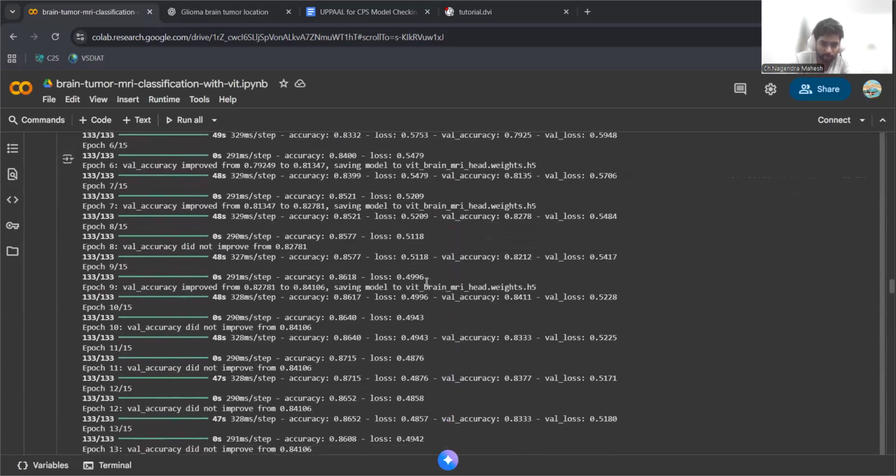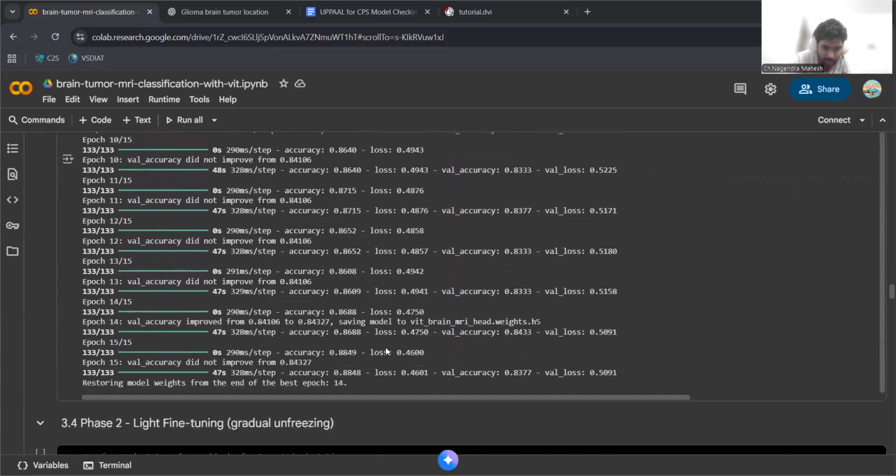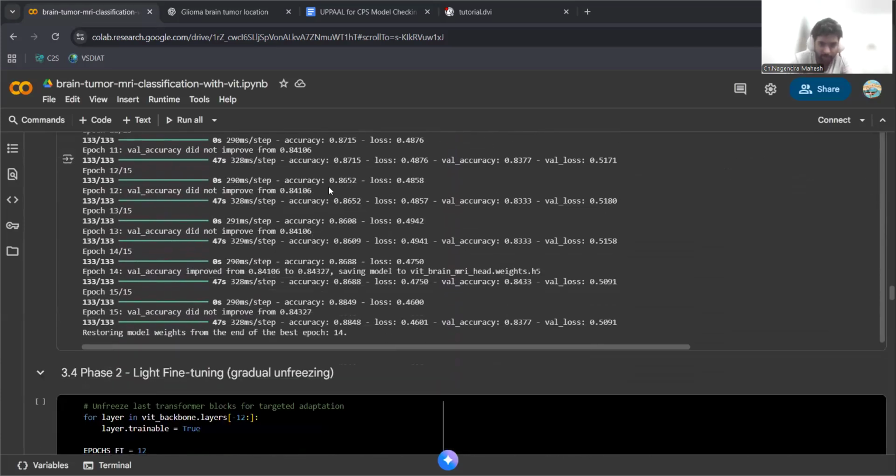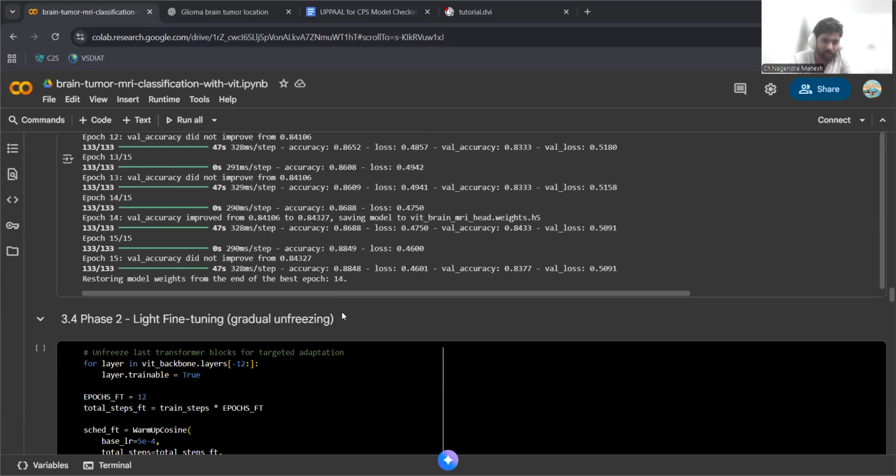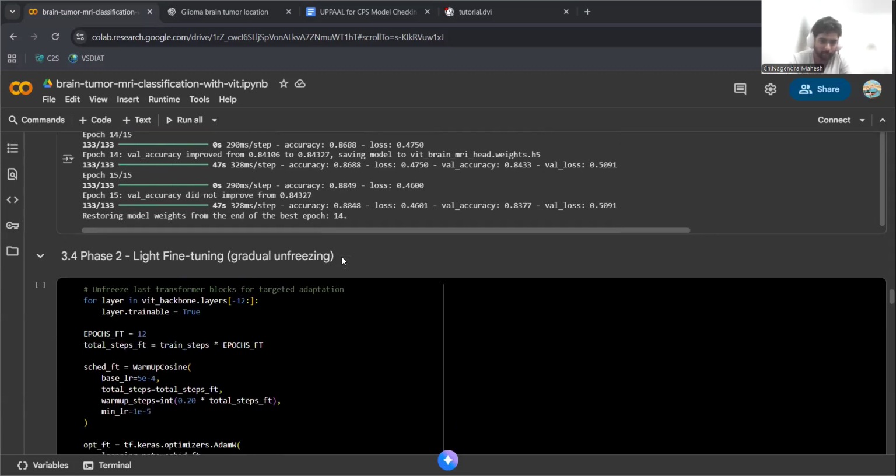So you see here that the transformer is working as long as the accuracy keeps on increasing. After 88.49, when the accuracy is going to drop, the transformer stops working. So the initial pre-training is completed here with an accuracy of 88.49%.